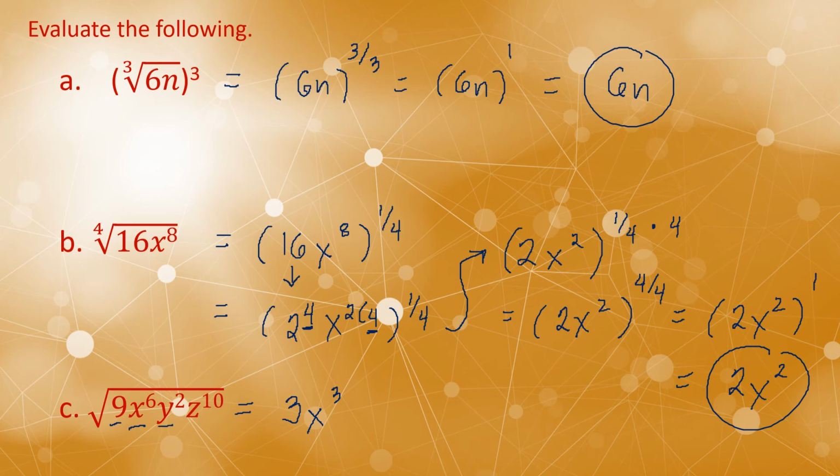The square root of y squared is y, and the square root of z raised to the 10th power is z raised to the 5th power. So the value of the given expression is simply 3x cubed y z raised to the 5th power.